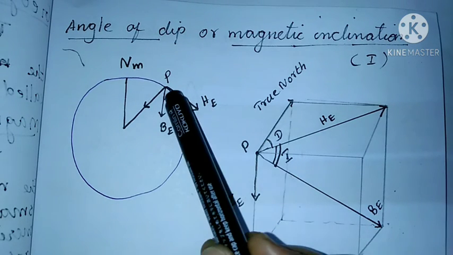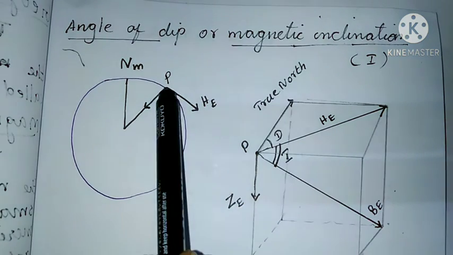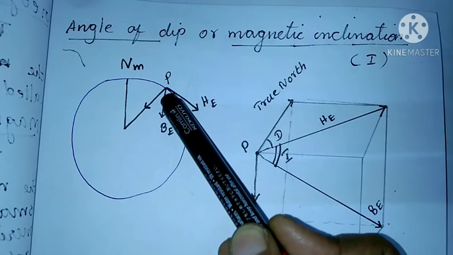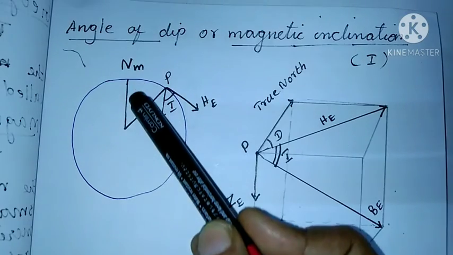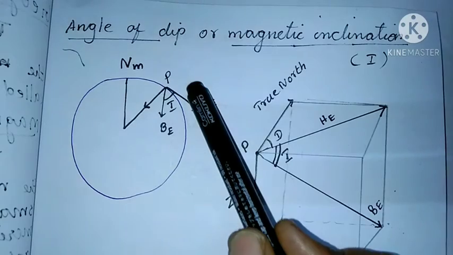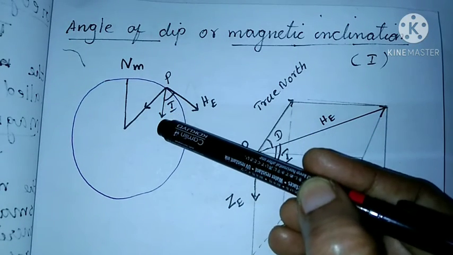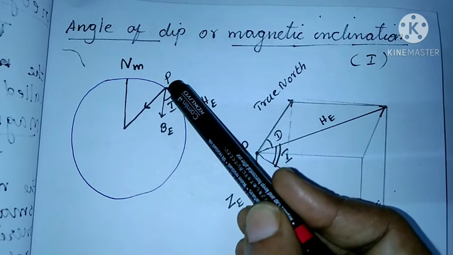we are keeping the compass needle on the surface of the earth at point P, and this is the horizontal surface. The dip needle is oriented in this way along the Earth's total magnetic field, that is along the magnetic meridian. So the angle between the horizontal and the final direction of the dip needle gives the angle of dip at that place.